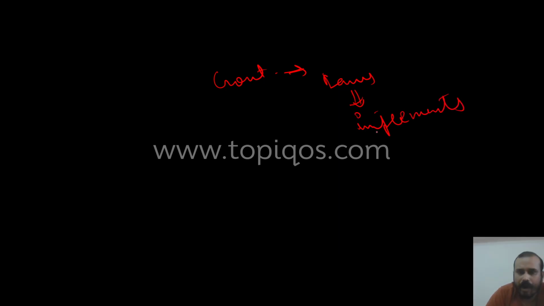Similarly, if the government makes laws and the executive implements it, how will the government have feedback whether the law is correct? Two questions can be asked.